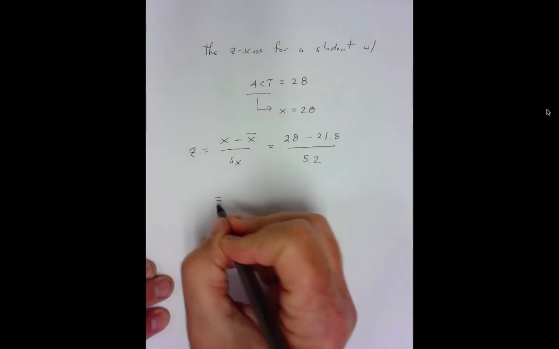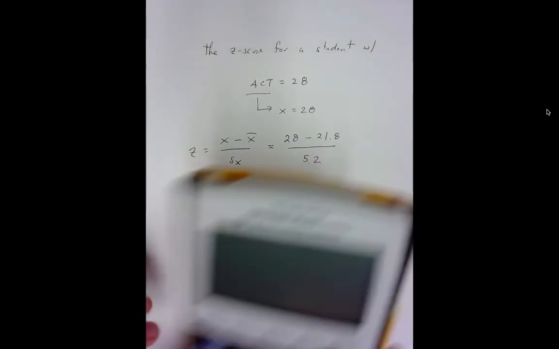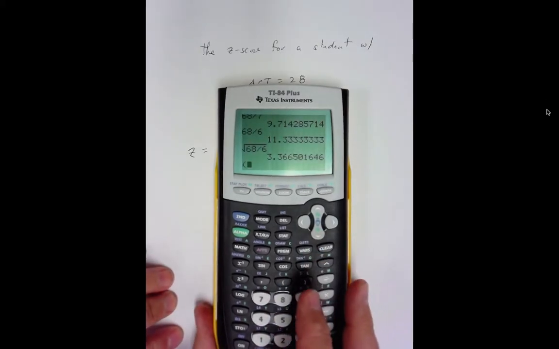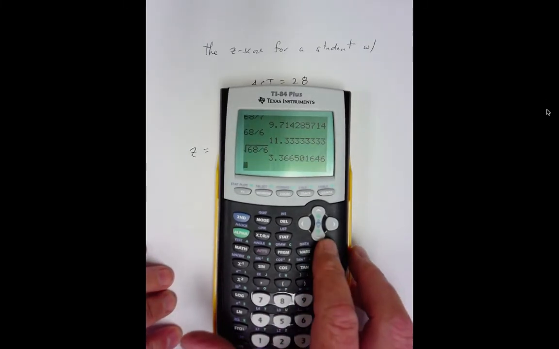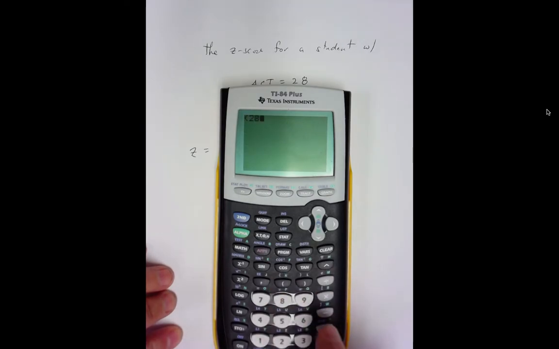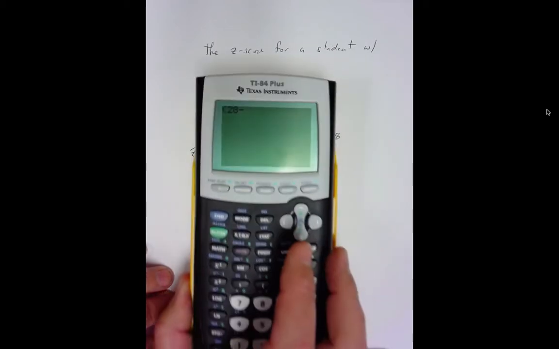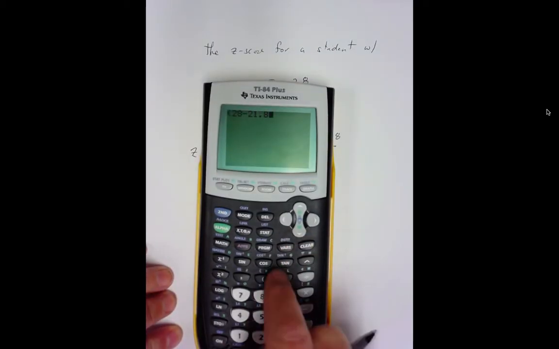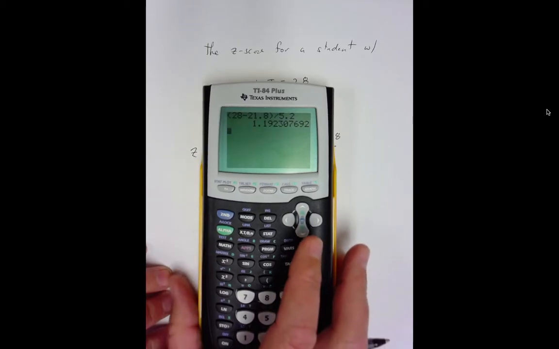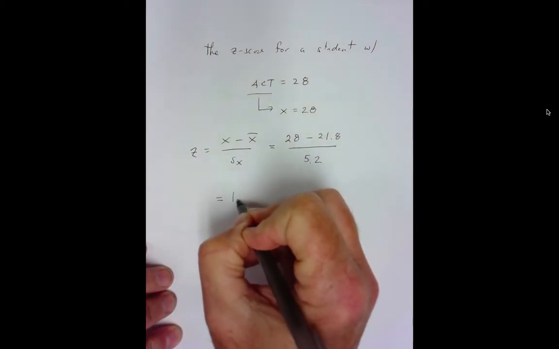So when we put this in our calculator, we would need to put the numerator in parentheses. Let me clear this out so you guys can see. So 28 minus 21.8 divided by 5.2 gives me 1.19.